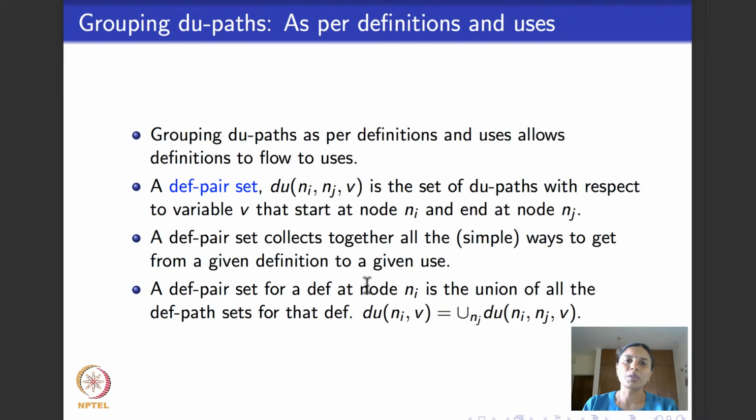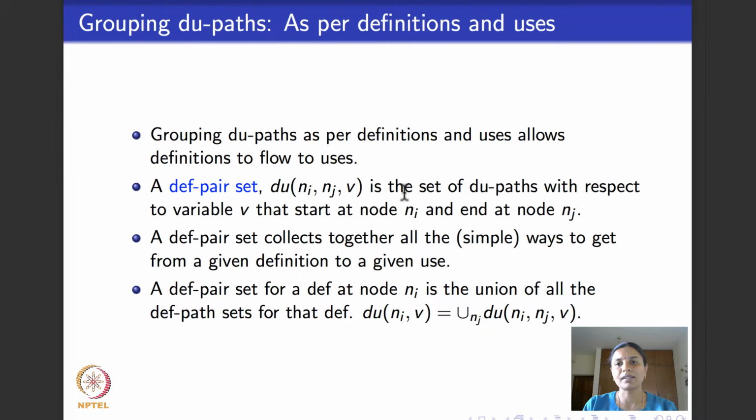The other kind of grouping that we will do is per definition and use. Such a grouping is what is called a def pair set. So we have, as usual, fixed a variable V. The definition of that variable begins at Ni and its use happens with reference to this node Nj. Right? So what is a def pair set?